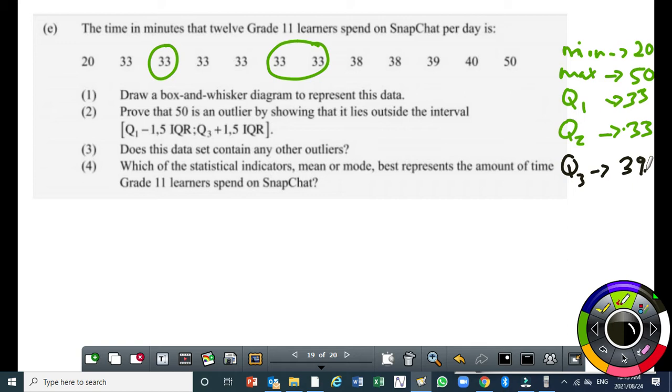Right? So if you want to draw a box and whisker, so for the first part of the question C1, let me use the proper line here.